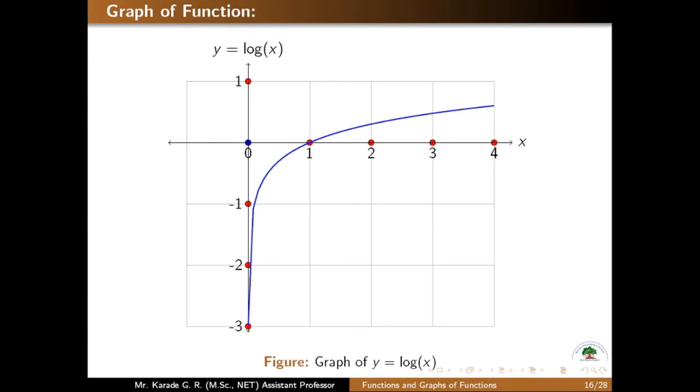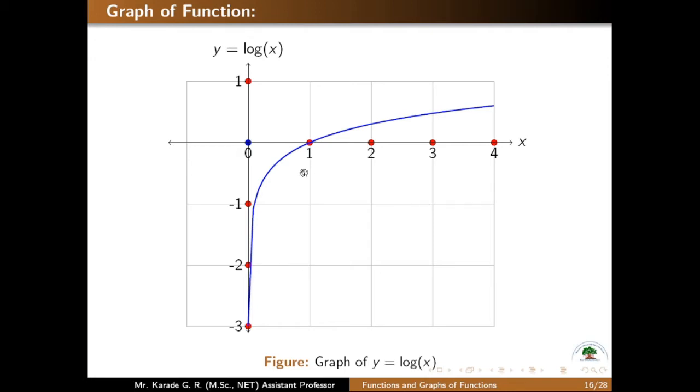Now consider the next graph, of log x. As we have seen, the log x function is defined only for positive real numbers. Therefore, the graph of function log x is situated in the first quadrant and fourth quadrant only.